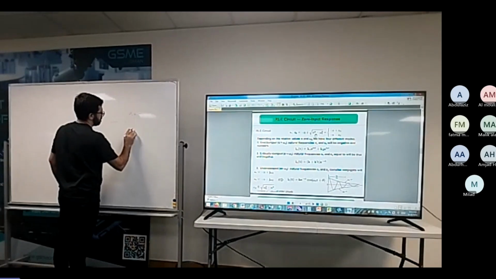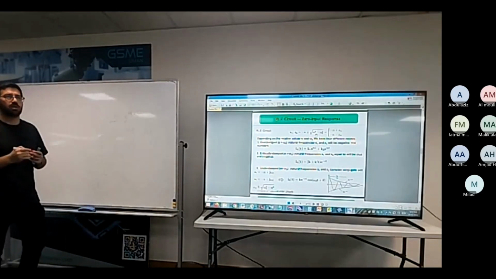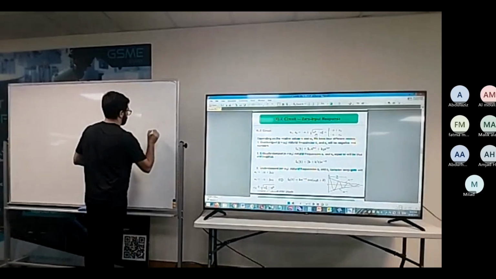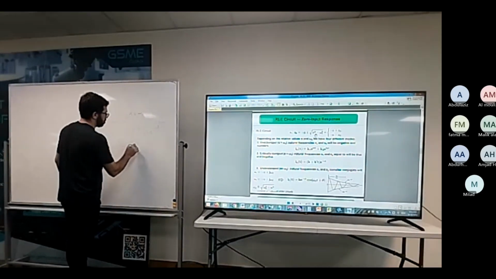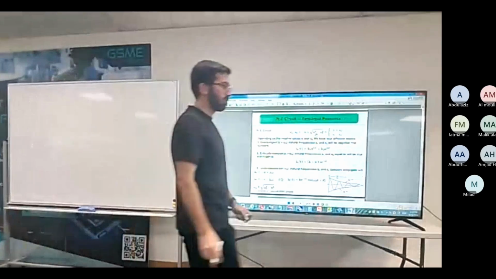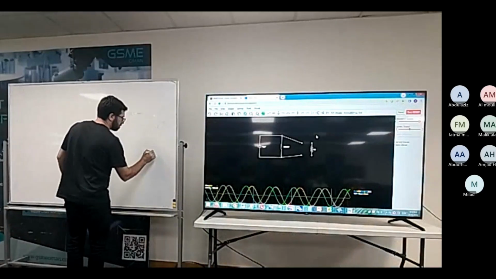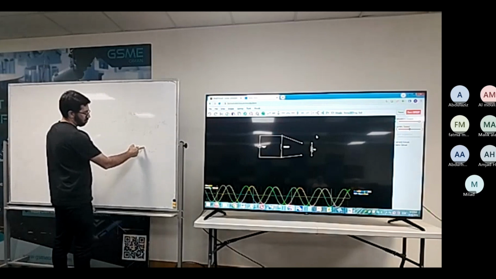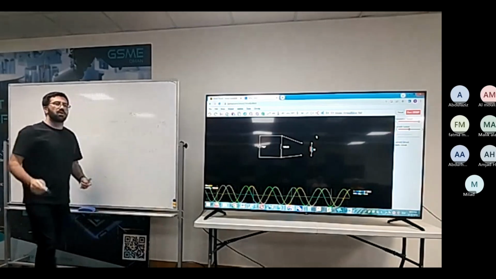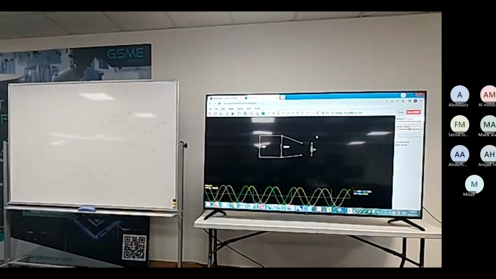Alpha is 1/200. Found it. For 50 ohm, it should go to critically damped.